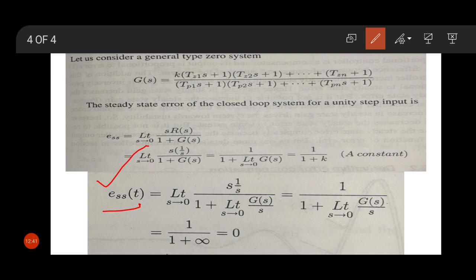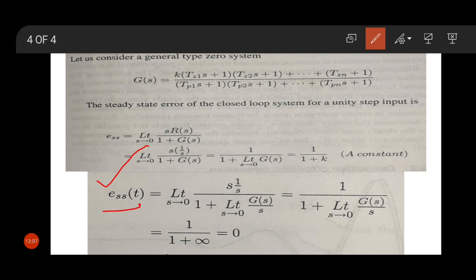So we can say from this observation, addition of a pole at the origin reduces the steady state error to 0. On the other hand, if a pole is added other than at origin, then the order of the system is increased by 1.